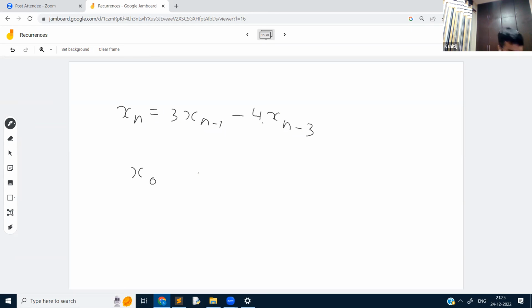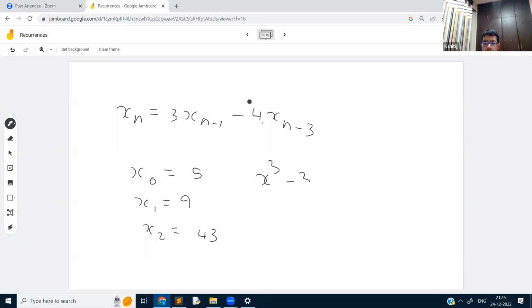And now you are also given the initial terms: x0 equal to 5, x1 equal to 9, and x2 equal to 43. So now you have to solve the equation and find a closed form for it using the characteristic equation I told you earlier.